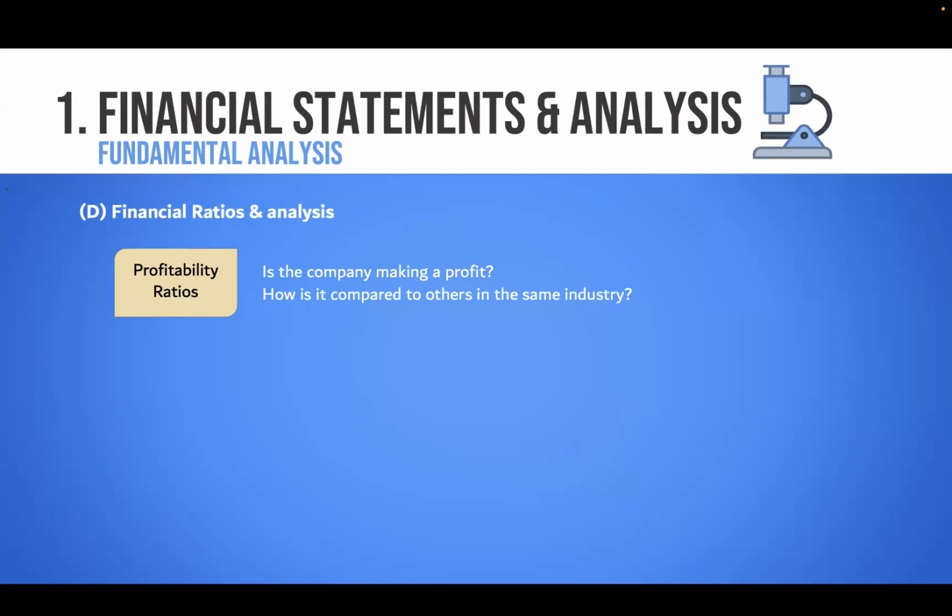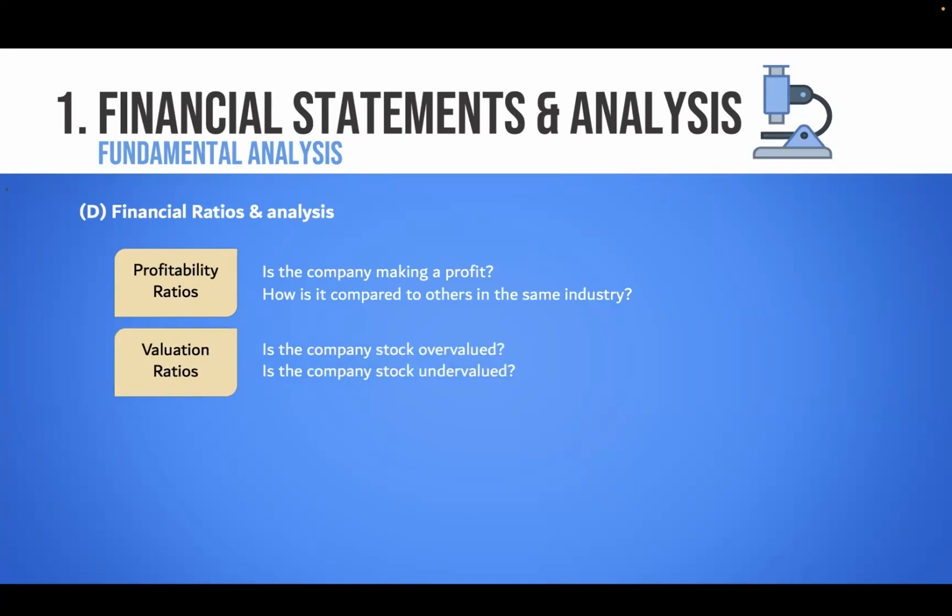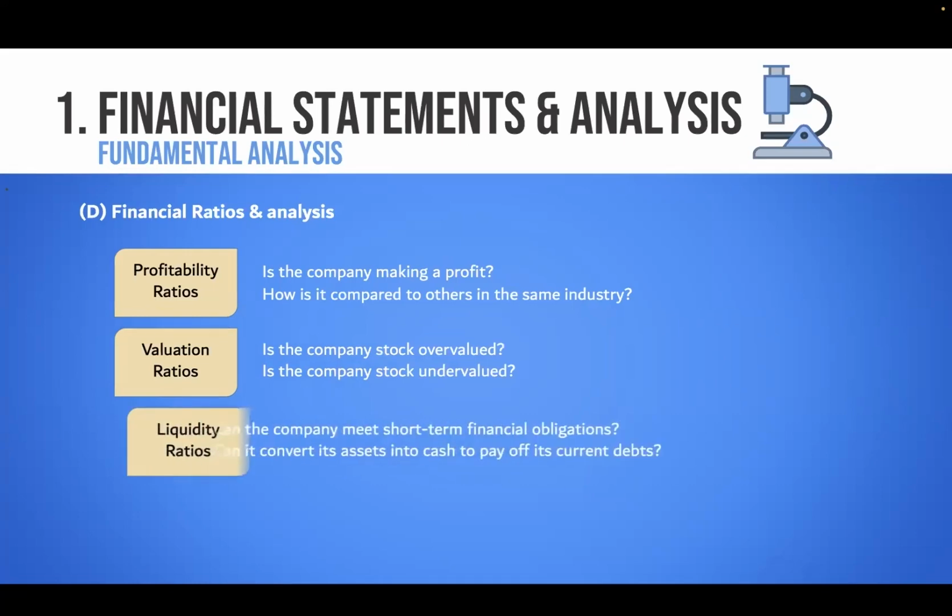Profitability ratios simply tell you, is the company making a profit and how is it doing compared to other guys, right? So for you to know if companies are making money or not, you have to look at the profitability ratio. Then the valuation. Is the stock price too high? Is it overvalued or undervalued? There are ratios that will help you find that out.